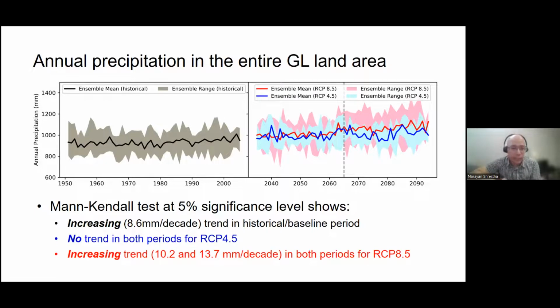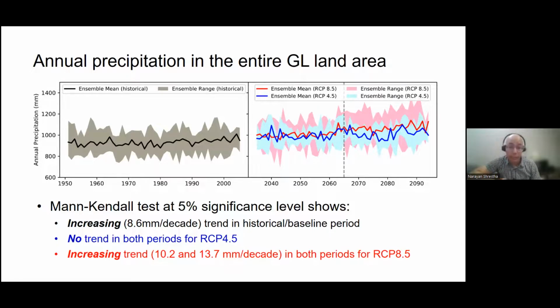What we can see here using the Mann-Kendall test at 5% significance level is that the annual precipitation is already increasing at a rate of 8.6 millimeters per decade in the historical period, but that increasing trend is not present, at least at 5% significance level, for RCP 4.5 in both periods.